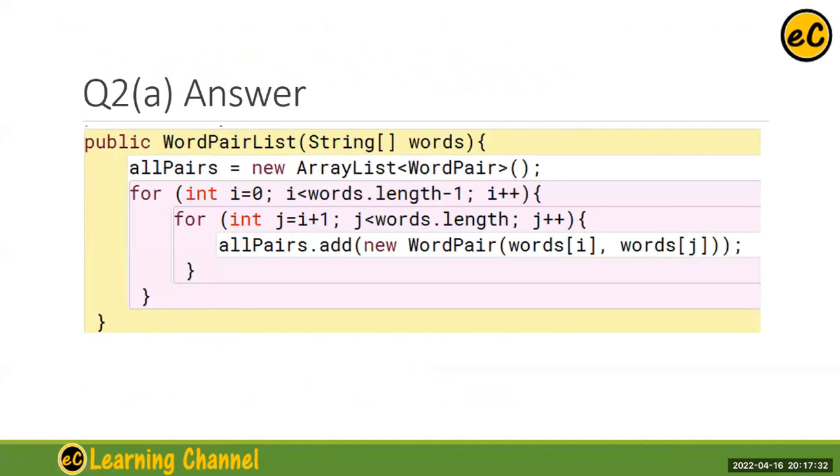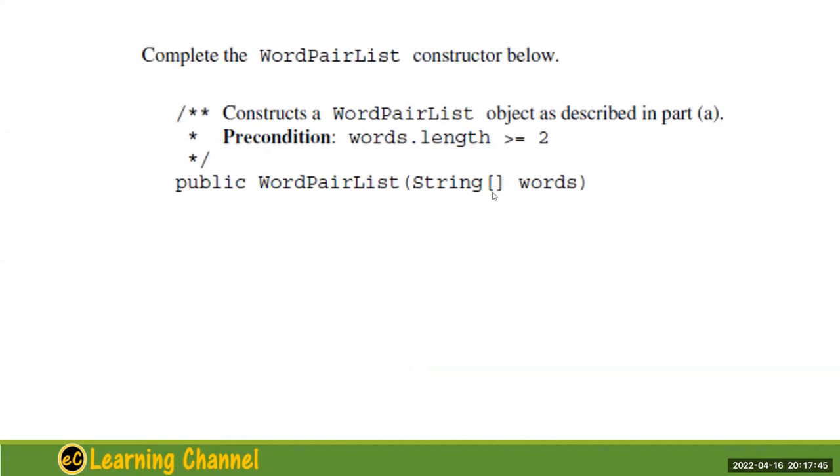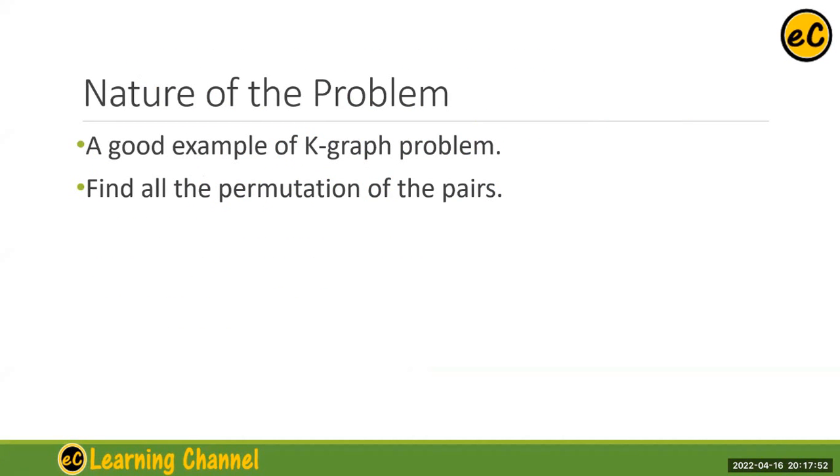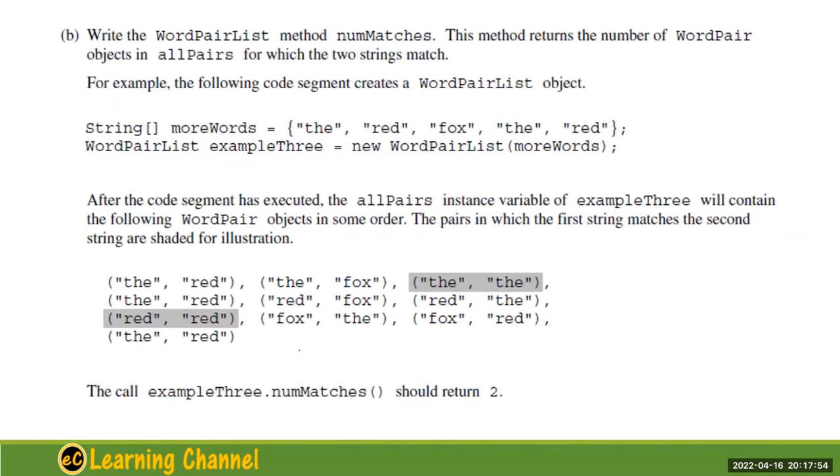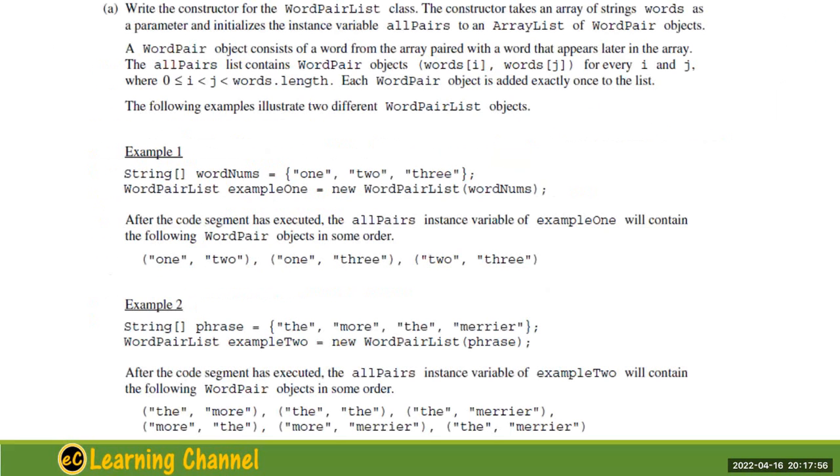Right here, question part one is: you have an array of words. Please create all of the possible pairs of the words. So basically this one is using the K-graph. For example, here you have 1, 2, 3 strings.